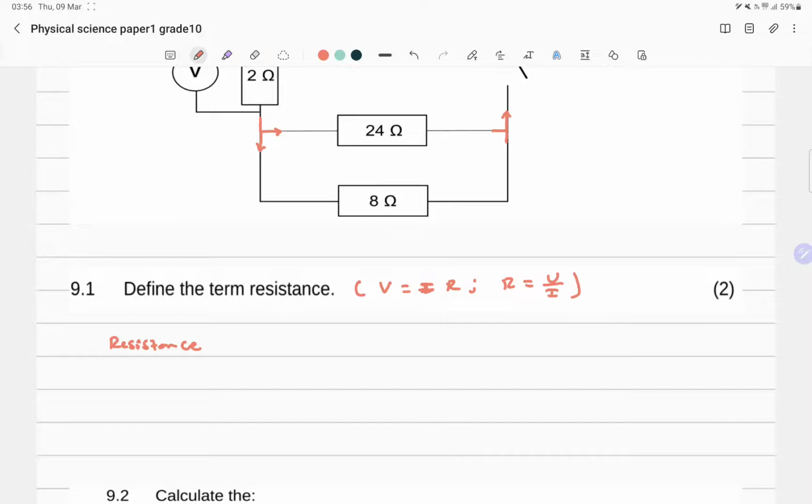Yeah, it's dangerous, isn't it? What is resistance again? It is defined as the... How do we define this thing now?